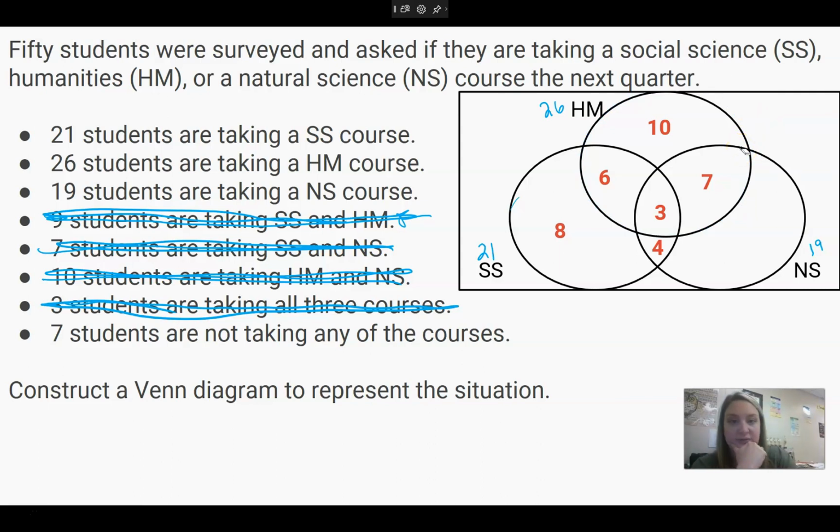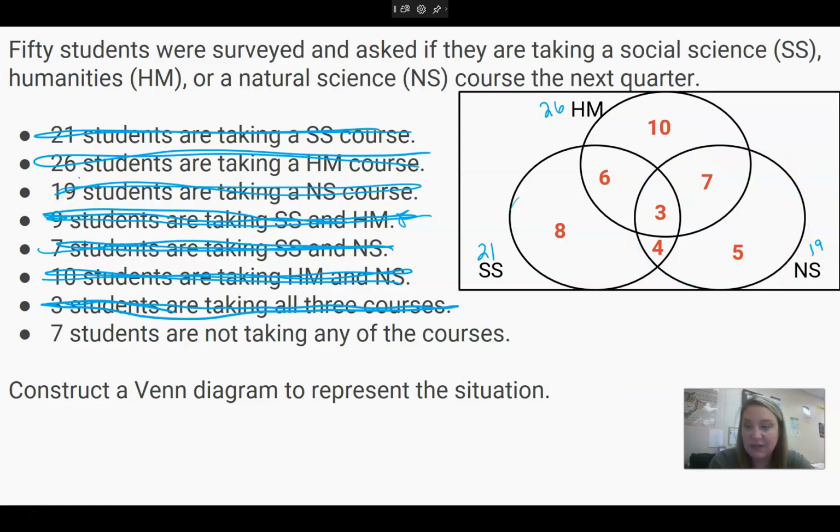All right, so we did social science, we did humanities. Last, my natural science course has 19 total, but I already have 14 represented, so that means there's 5 left over. So everything in the natural science circle adds up to give me 19.